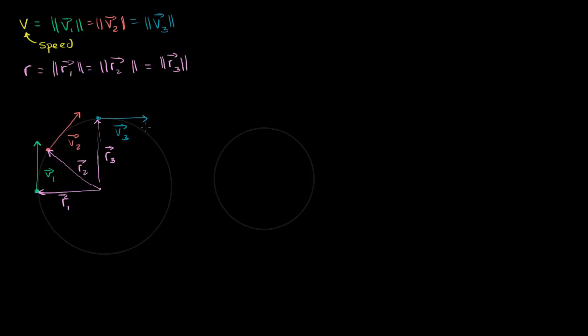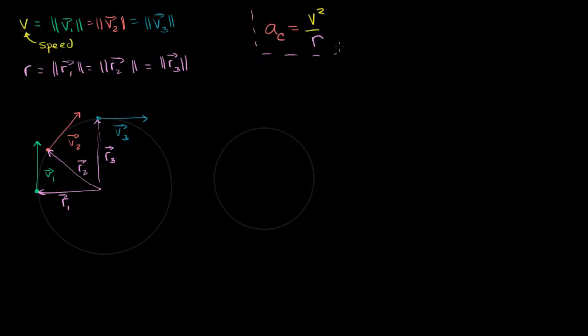Now what I want to do in this video is prove to you visually that given this radius and given this speed, the magnitude of the centripetal acceleration, and I'll just write that as a sub c. I don't have an arrow on top, so this is a scalar quantity. So the magnitude of the centripetal acceleration is going to be equal to our constant speed squared, divided by the radius of the circle.